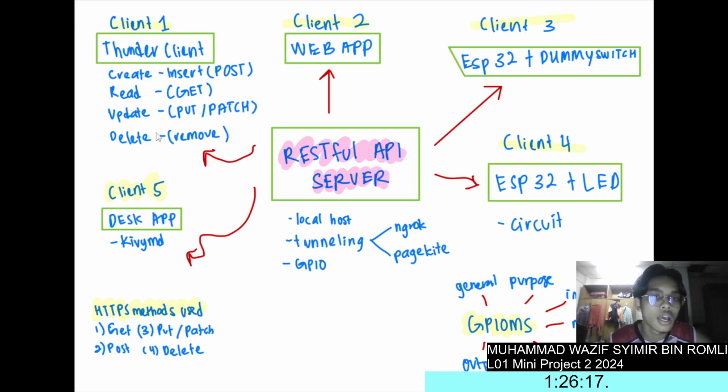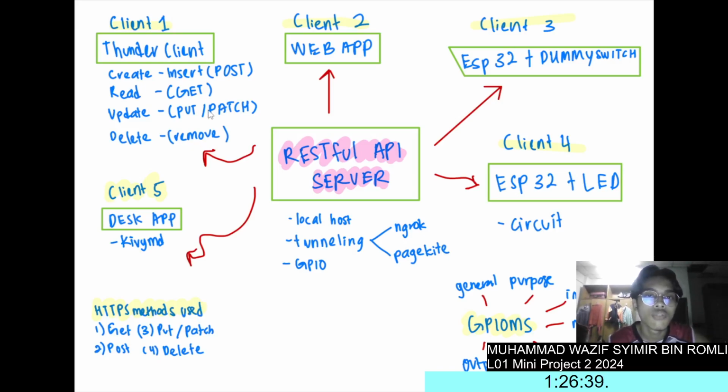After that we have update, which is similar to put or patch, used to update the GPIO states. And lastly we have delete, which has the same meaning as the HTTP method, to remove or delete the GPIO pins.